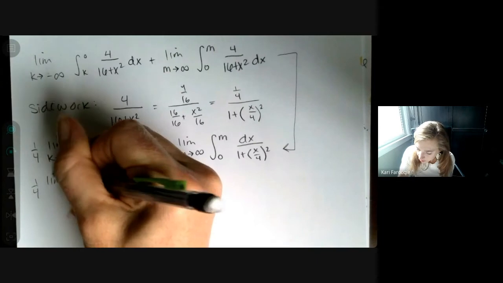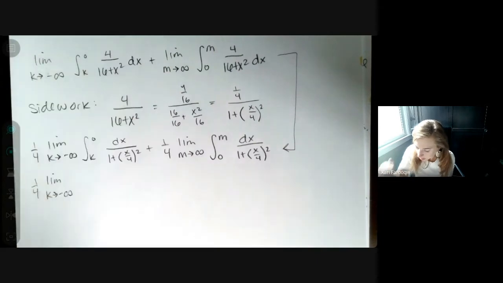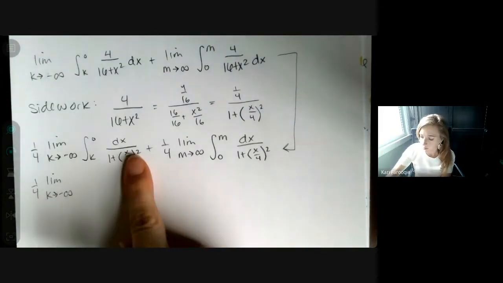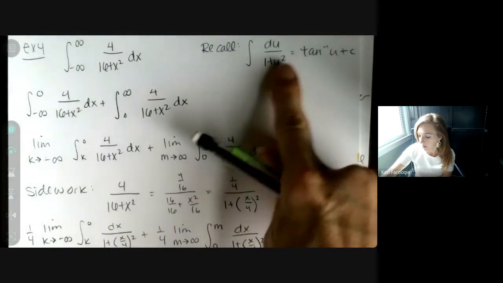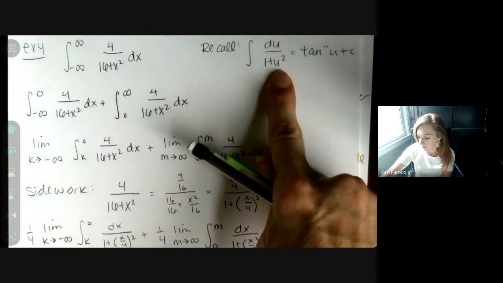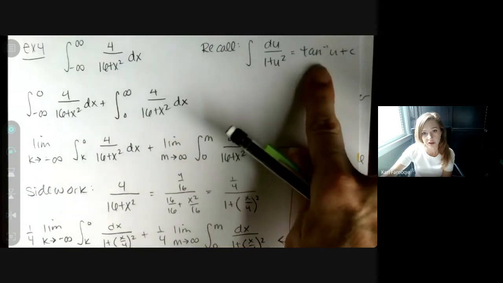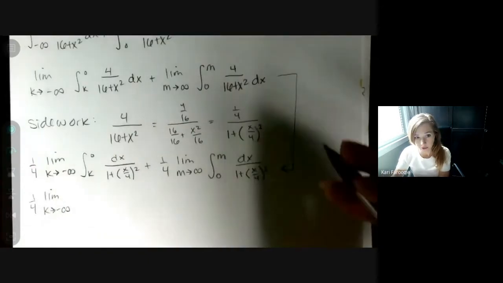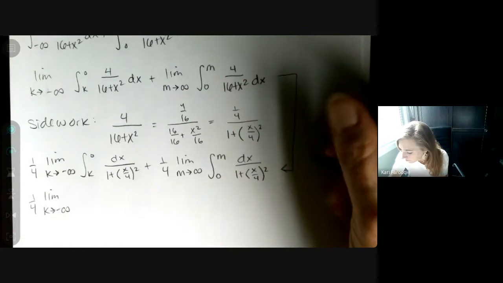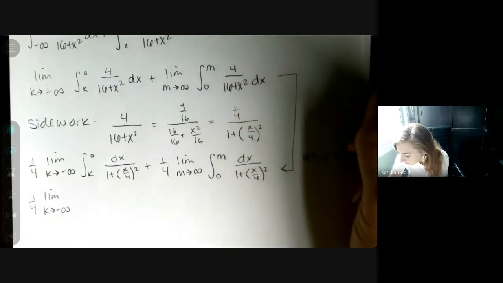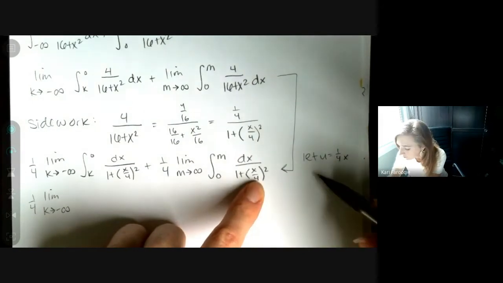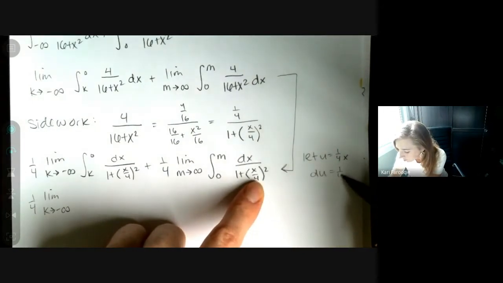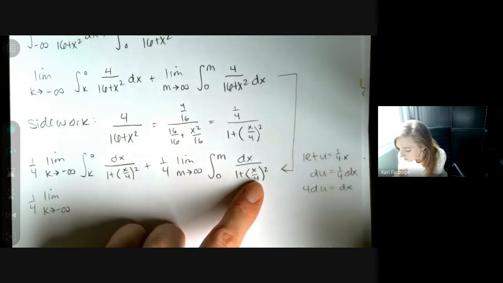1/4 times the limit as k approaches negative infinity. And remember that we are using this formula as long as we are in this form. We're going to use inverse tan u plus c. In our case, we're going to let u be 1/4 x because that's the quantity that's being squared. And then du is going to be 1/4 dx. 4 du is dx.